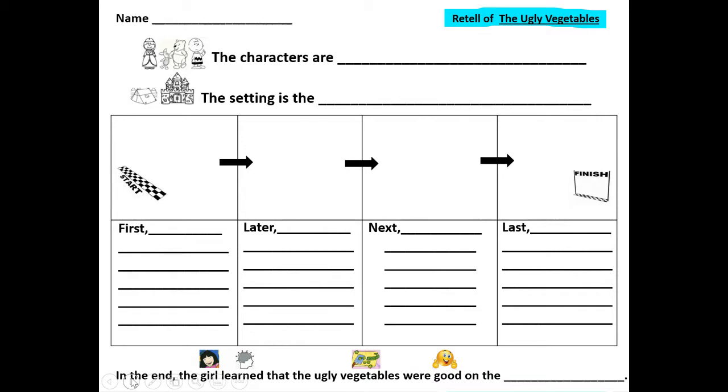Let's review out loud, retell it out loud using our words. The Ugly Vegetables. The characters are, who were the characters in the story? The characters are the girl, the mom, and the neighbors.